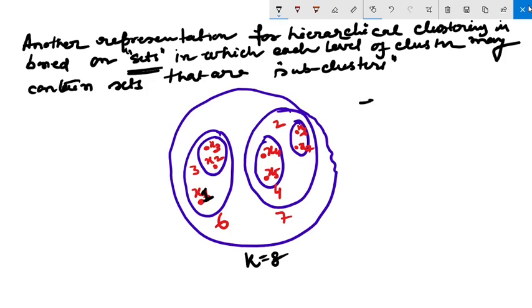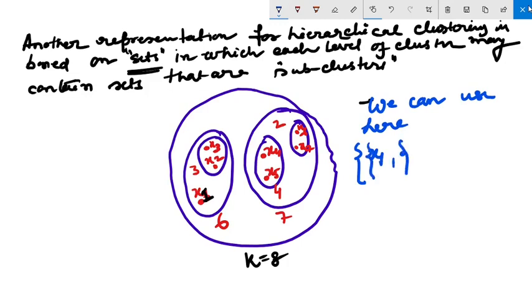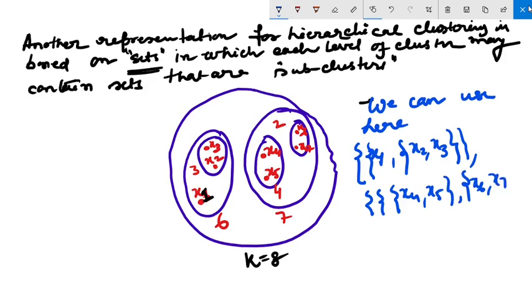So we can use brackets. So these are all values.